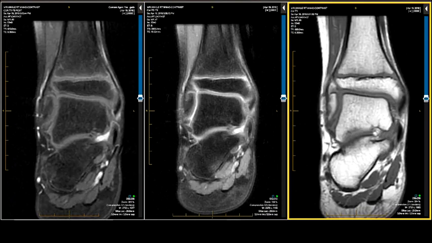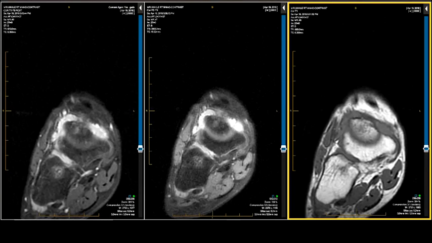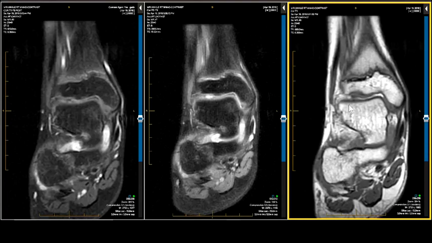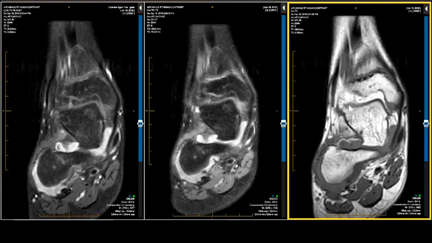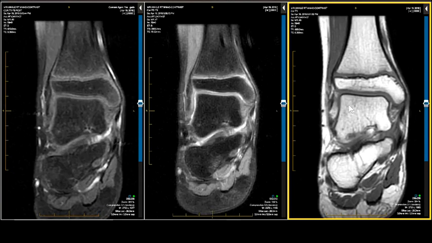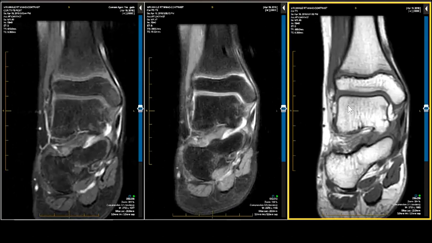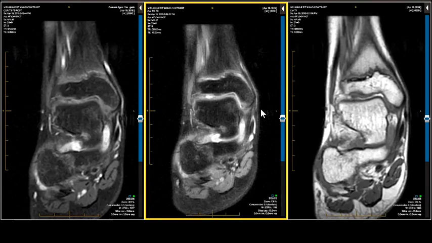I think the sagittal is much more instructive. You can see why I like the sagittal so much. Very comfortable. And then in an arthritis case, you want to assess the severity of pannus, the character of the erosions, the location of the erosions, whether there's tenosynovitis, tendon injury or rupture.